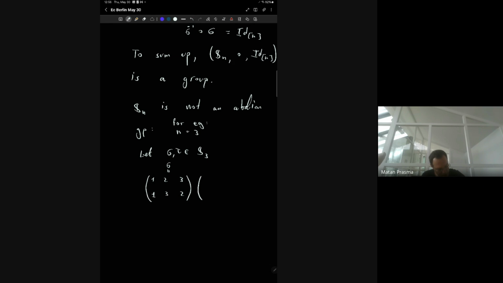And now I take tau to be something that moves 1. So let's say 1 moves to 2, 2 moves to 3, and 3 moves to 1. I think already here, it's not going to be abelian.